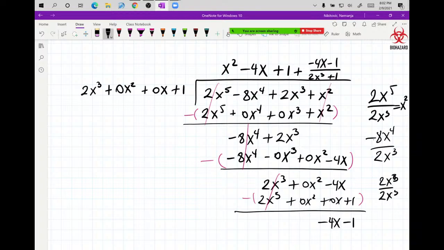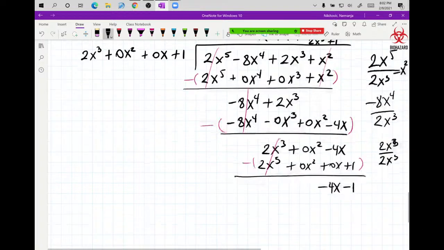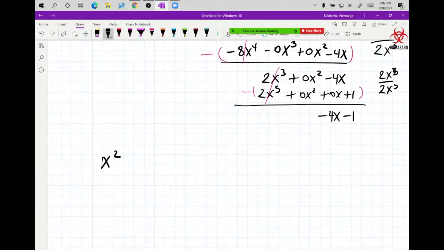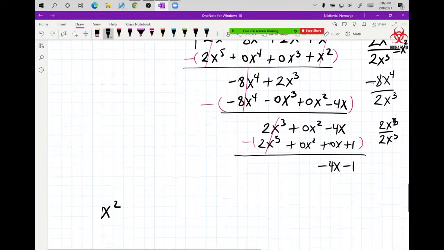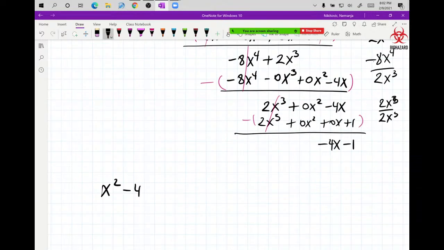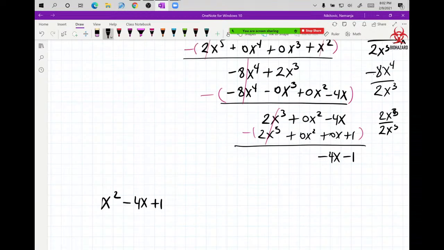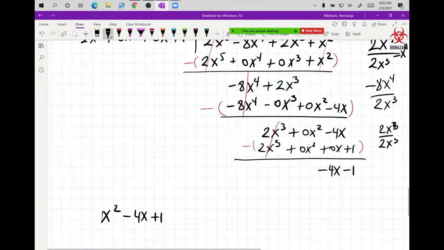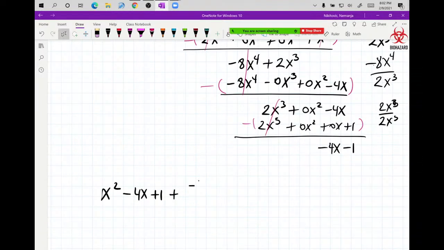Now, you can flex a little bit and factor out that minus sign. Because they both have minus, you can factor that minus and put it down. So if you have your x squared, what was it? Minus 4x plus 1. Plus negative 4x minus 1 over 2x cubed plus 1.